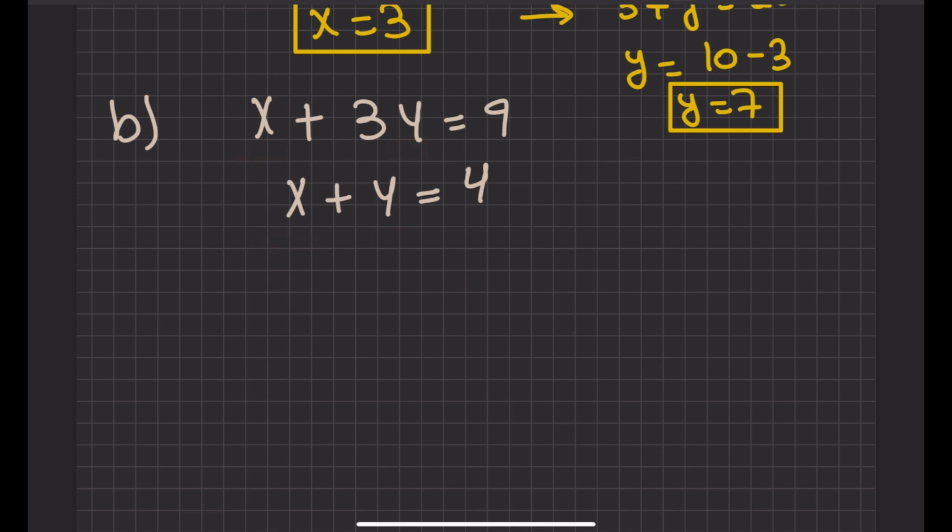I always choose the one where the number is the same, because then I don't have to multiply the whole equation by a number to even out the numbers beside the variable. Since both have positive 1 as the coefficient of x, I need to use subtraction to get rid of x and find y. So in this scenario, I'm going to use subtraction.